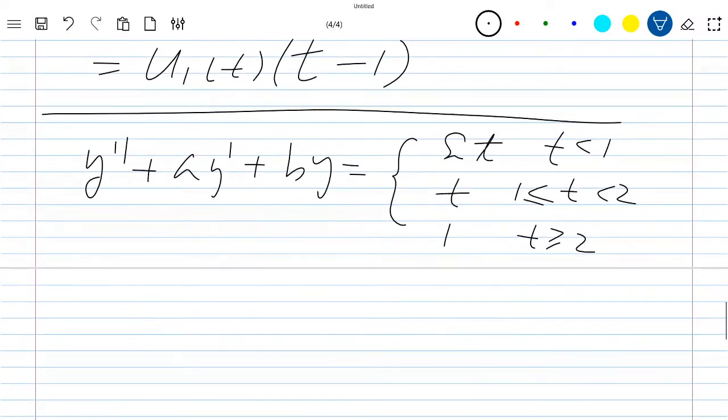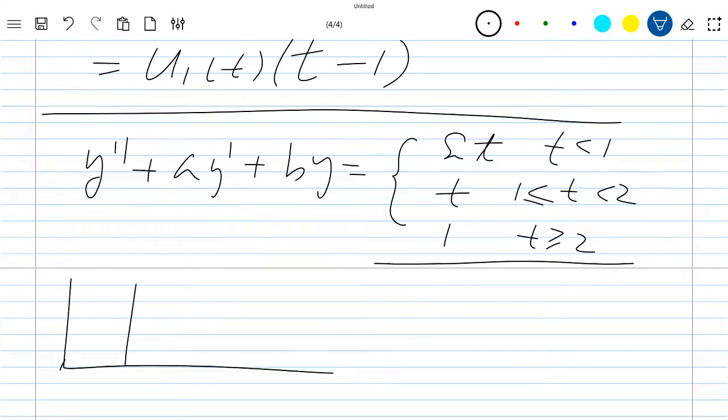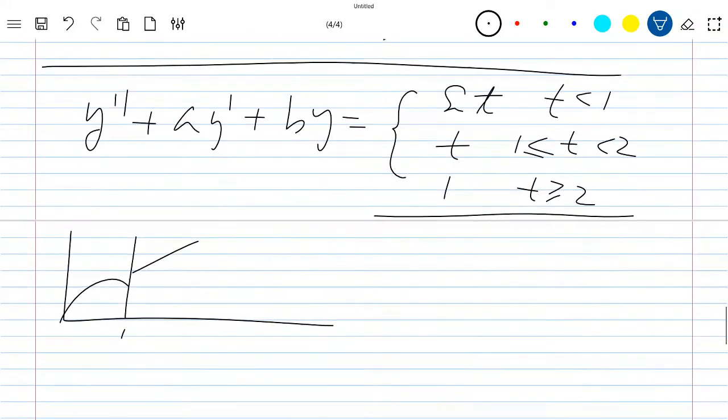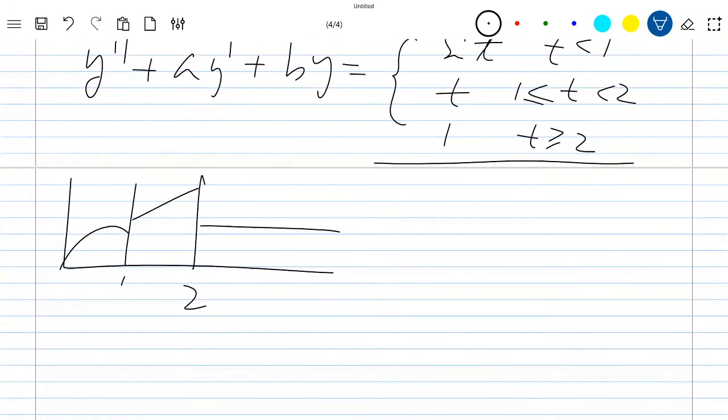Then you have to write down the right-hand side in terms of the step function before you apply these formulas, right? So how do we do that? If you sketch it, you have sine of t, then after that it's t, and after that it becomes 1. So it's just piecewise defined. So how do you write the right-hand side?